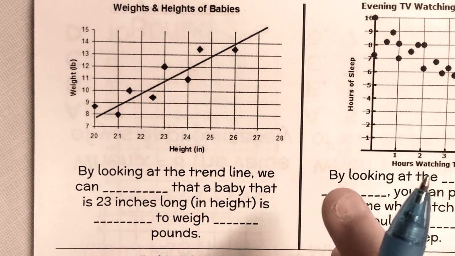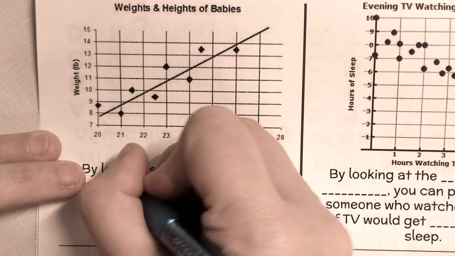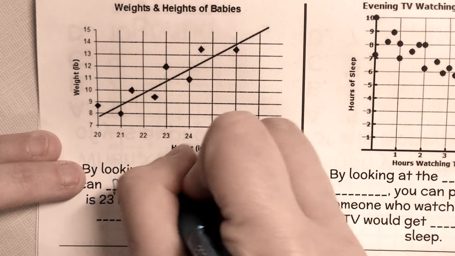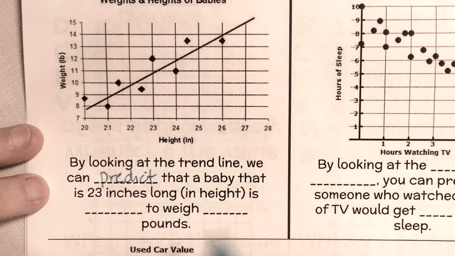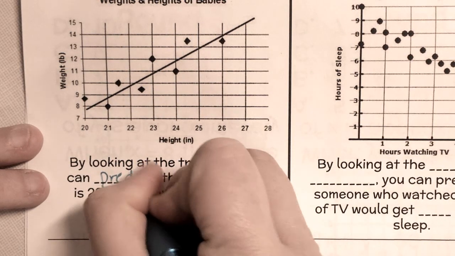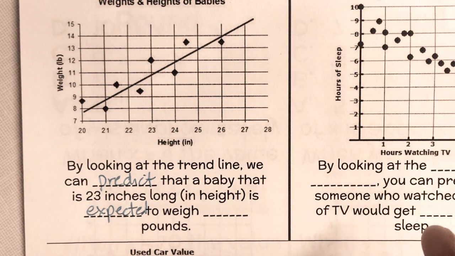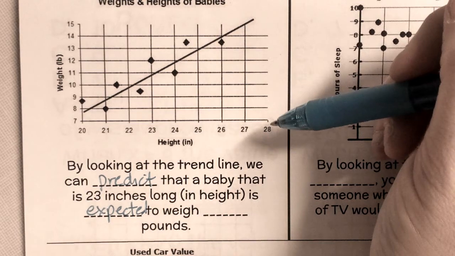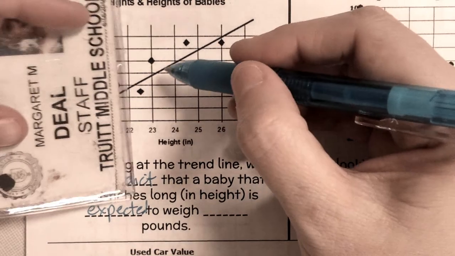So by looking at the trend line, we can predict that a baby that's 23 inches long in height is expected to weigh some number of pounds. So how do we figure out what that number of pounds is? Okay, well, since I have a trend line drawn here, I go to 23 inches and I look.